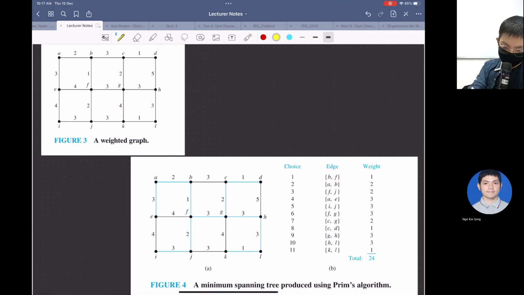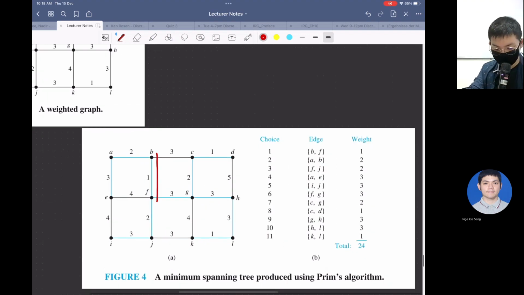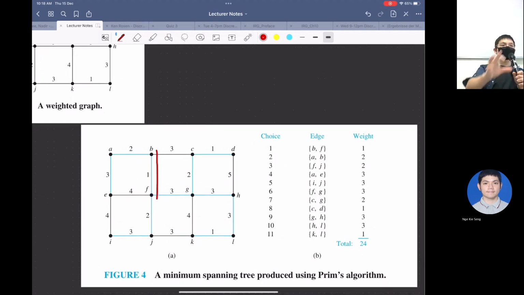Okay, after starting with BF, right? Let me draw. So after starting with BF, what you do is you look at all the edges that are incident to the pre-existing vertices, and then see which one is the smallest one. So for example, in this case, AB and GF, okay?